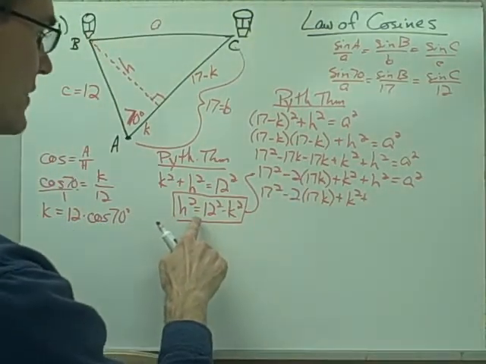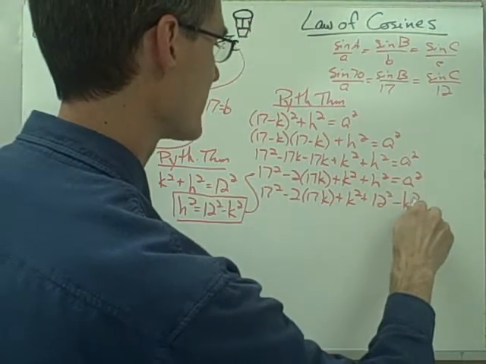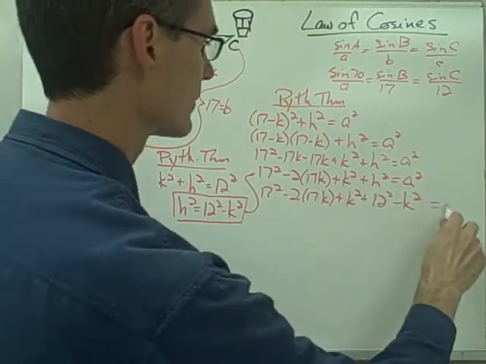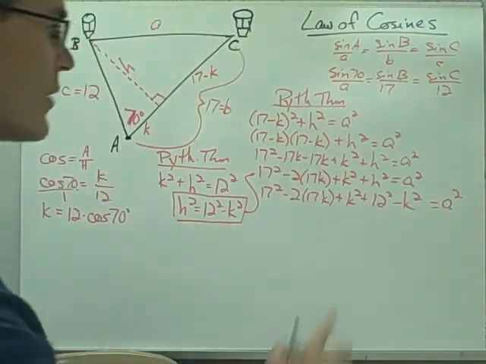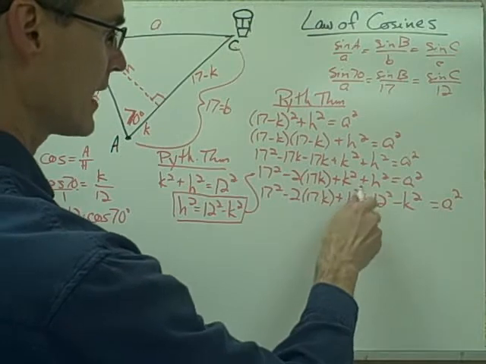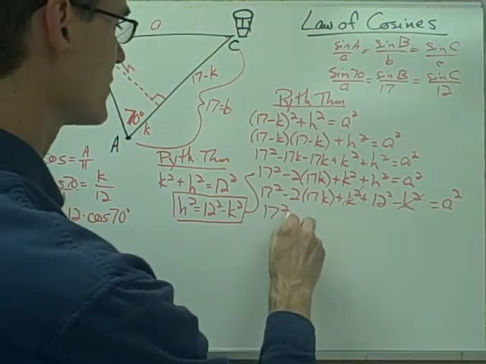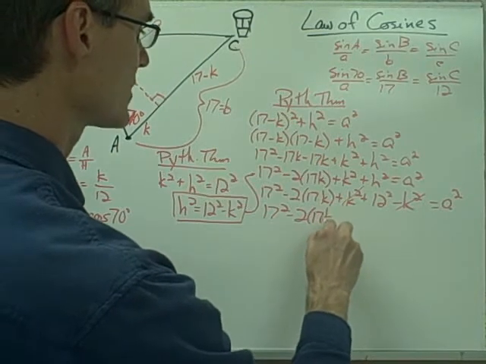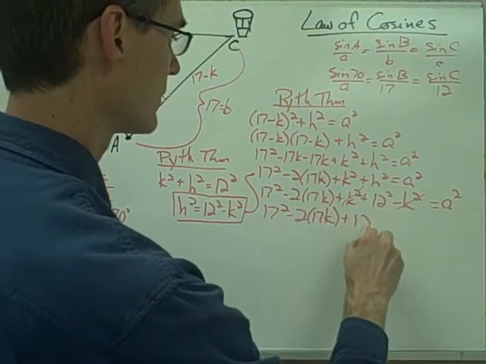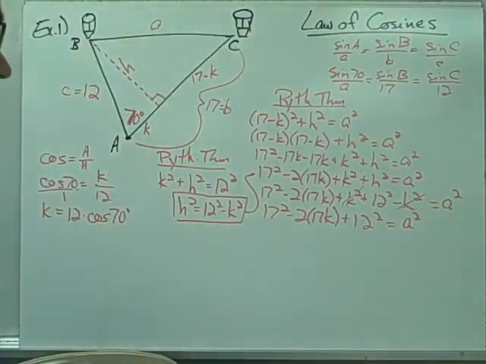And now I'm going to substitute this value, plus 12 squared minus k squared, since that's equal to h squared, equals a squared. And now notice my k squared terms are going to go away. k squared minus k squared, those two terms go away. So now I've got 17 squared minus 2 times 17k plus 12 squared equals a squared.